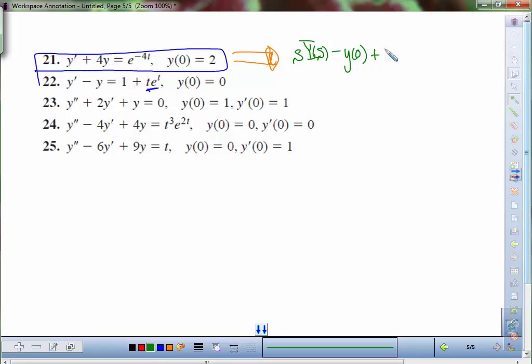We have 4y, so let's call that 4y of s transformed. E to the negative 4, so let's call that, what is it? 1 over s minus negative 4. You guys got that?